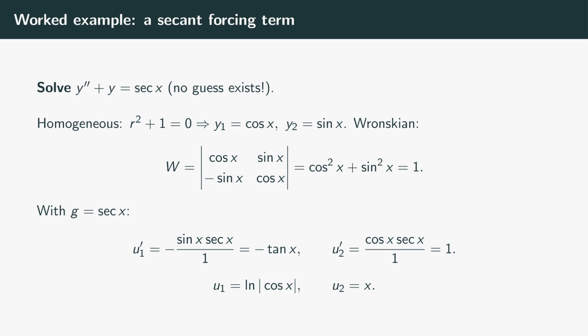Plug into the formulas. u1 prime is minus y2 times g over w, which is minus sine x times secant x, and since secant is 1 over cosine, that simplifies to minus tangent x. And u2 prime is y1 times g over w, which is cosine x times secant x, equal to 1. Integrate: u1 is the natural log of the absolute value of cosine x, and u2 is simply x.